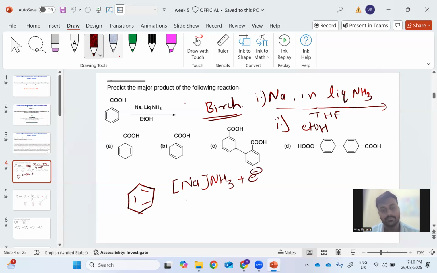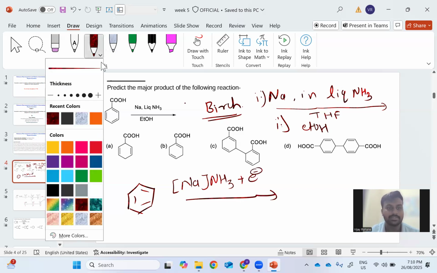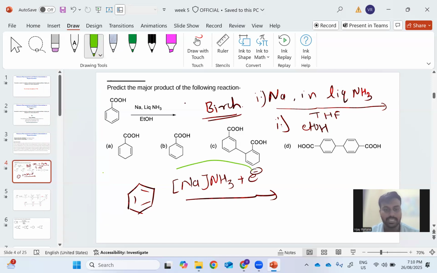And this free electron transfers to the aromatic system, and this aromatic system goes in this manner, converted to this. Basically here there was initially hydrogen and there is now a negative charge, and these are the two bonds which were present earlier and this is the new incoming electron.